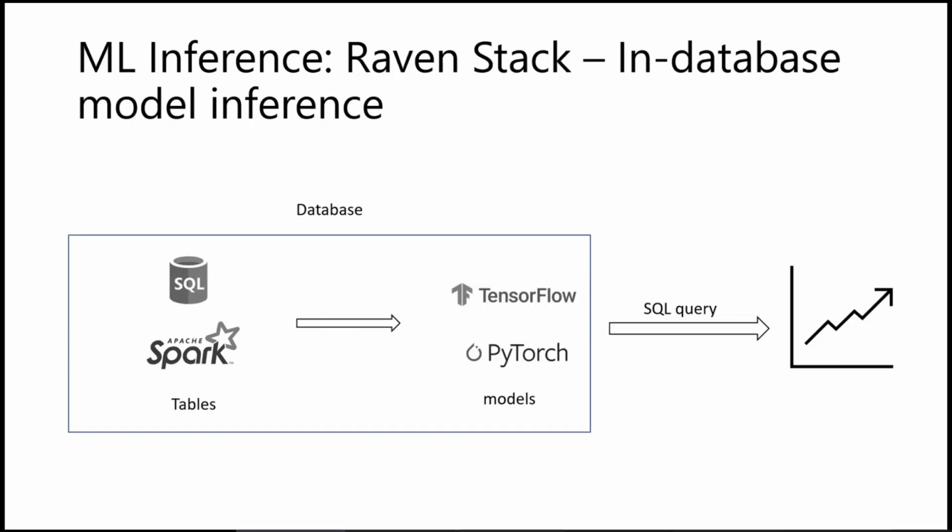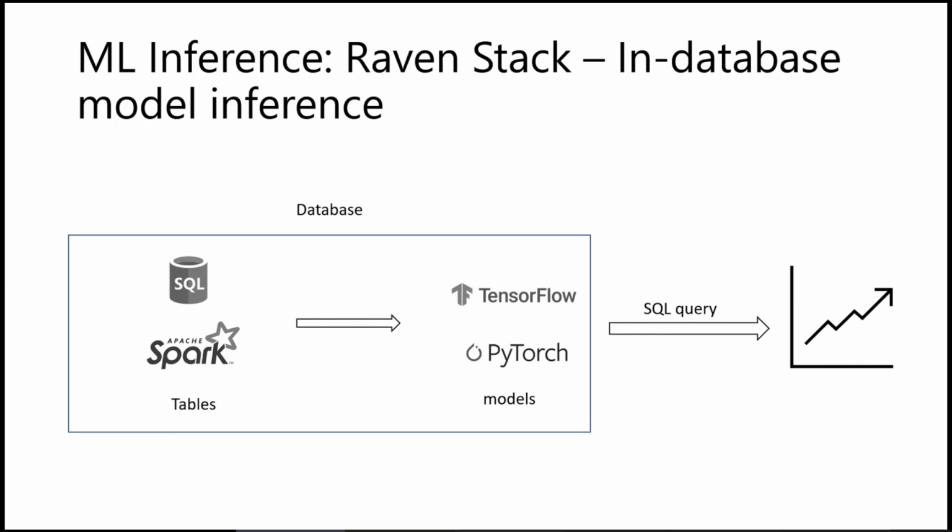So systems like Raven take that just a step further. We say, okay, in what we call in-database model inference. So we take your models to live where your database is, and this has been rapidly integrated into more database systems now.